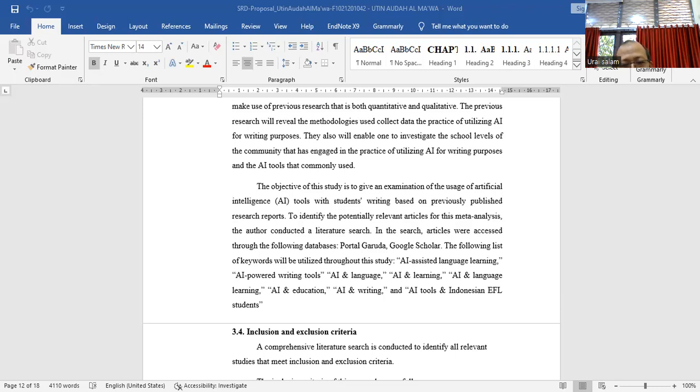Now, here you need to have this somewhere here, berarti identification. Jadi di sini bisa ditambah keyword tadi itu, ya, strategi keywordnya.